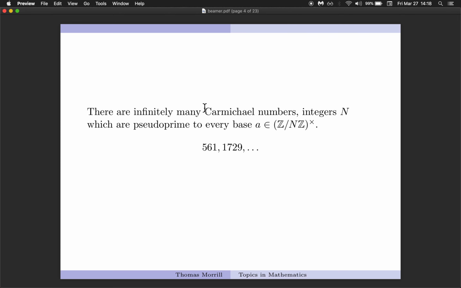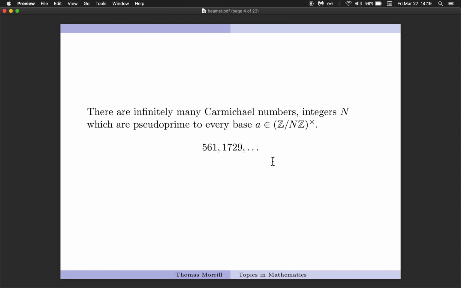Or another common name is to call these the Carmichael numbers. Same idea, we're just paying a little homage to the mathematician who conjectured that there would be infinitely many of these numbers. And that turns out to be true. There are, in fact, infinitely many Carmichael numbers. So 561 is the smallest. I've skipped a couple. 1729 is there on that list, and so on.